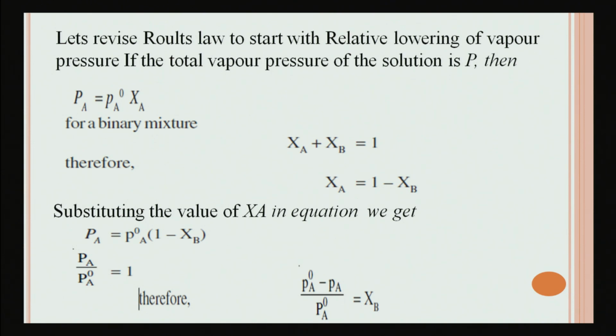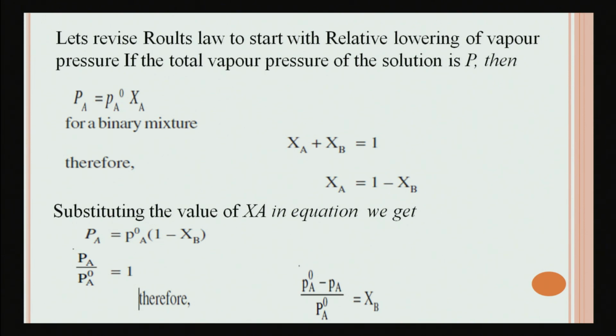So, if the total vapor pressure of the solution is P, we have done in Raoult's law that PA is equal to P naught A XA, and for the binary mixture XA plus XB is equal to 1. Therefore, XA is equal to 1 minus XB.